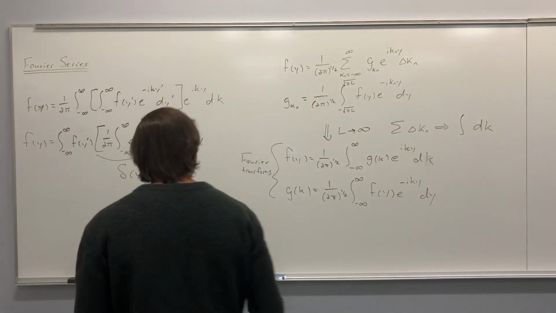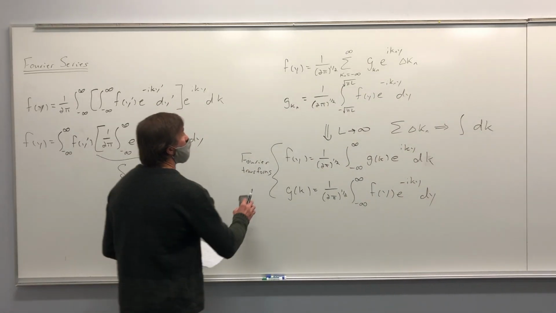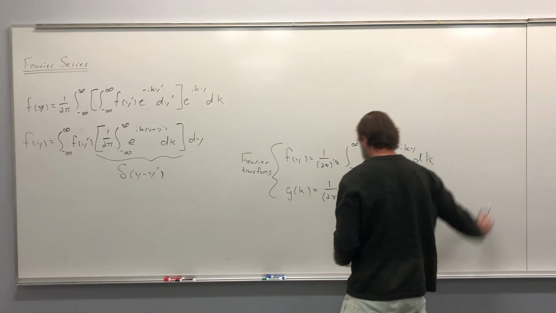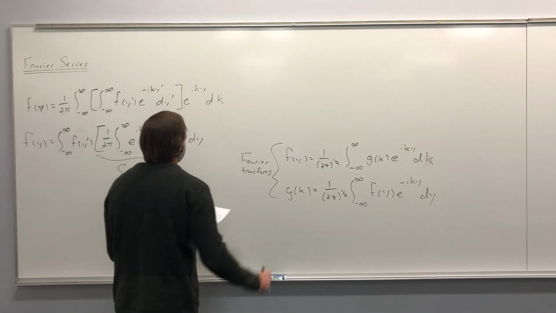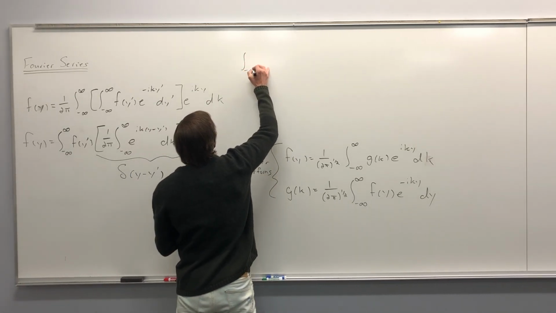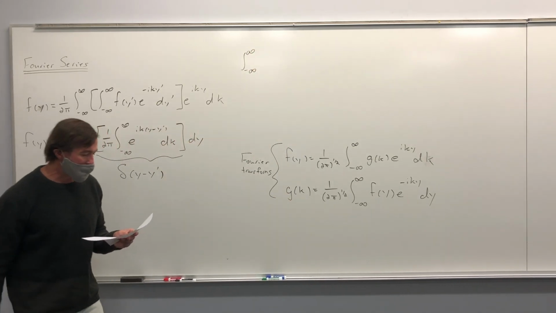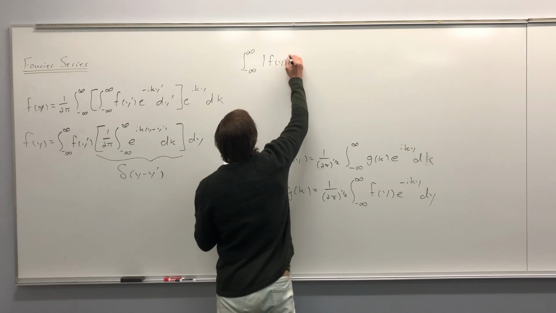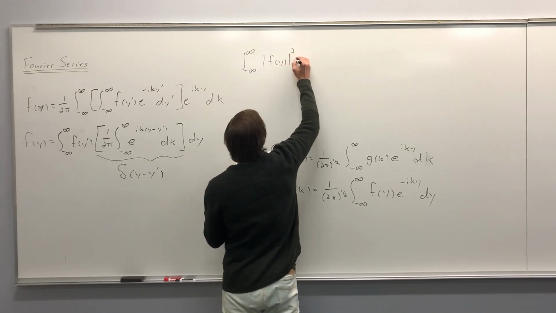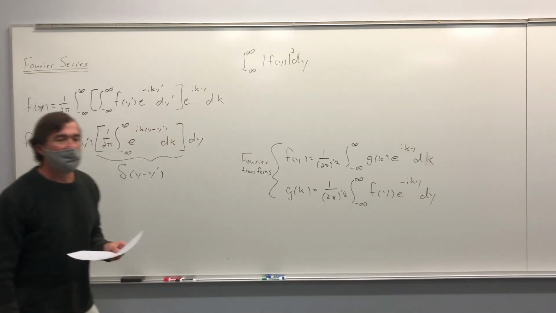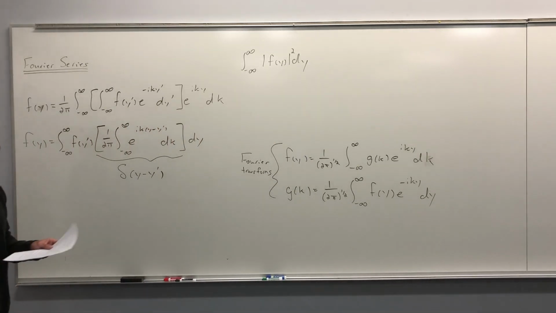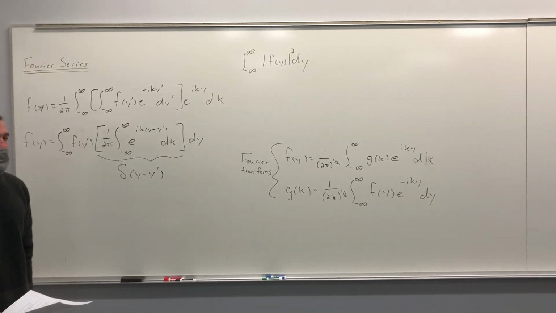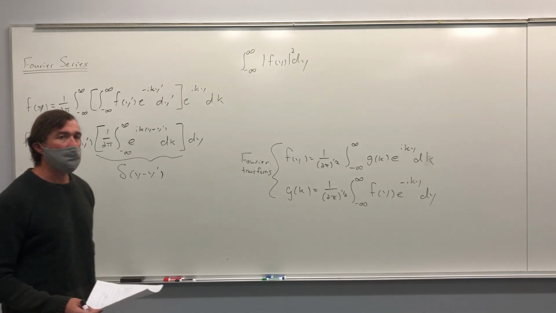All right, now we can also ask, if I've got Fourier pairs, how is the integral of the magnitude squared of f of y related to the integral of the magnitude squared of g?